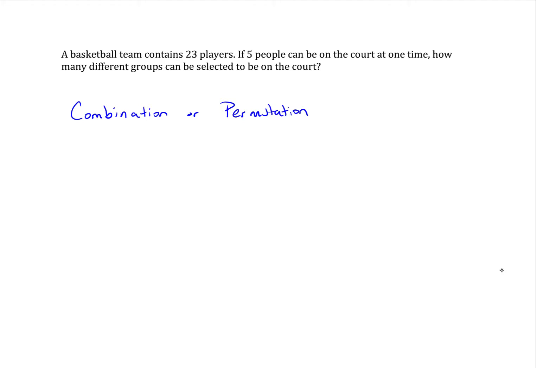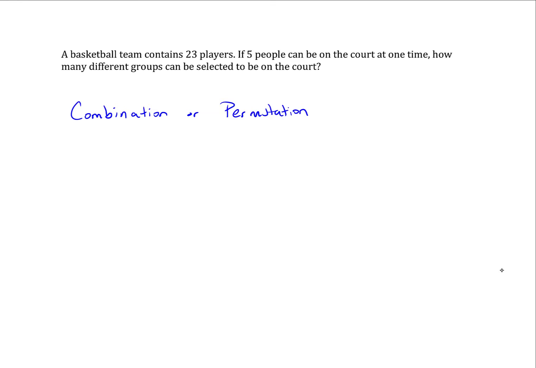Now, thinking about a basketball team, there certainly are different positions that you can play while on the court. So those 5 players could be in different positions. But I think that's making this particular problem more complex than what we need.